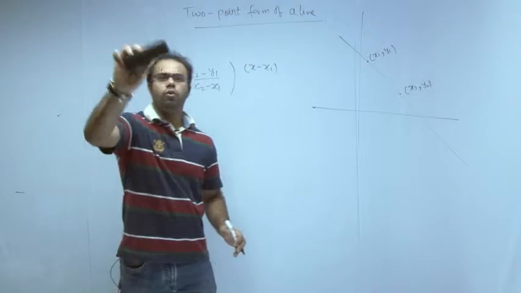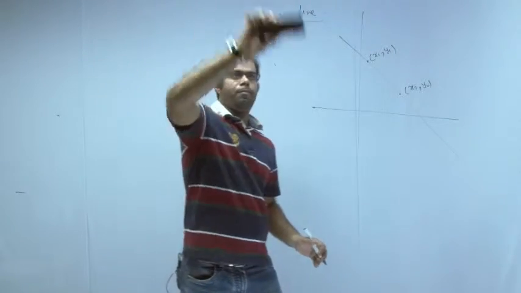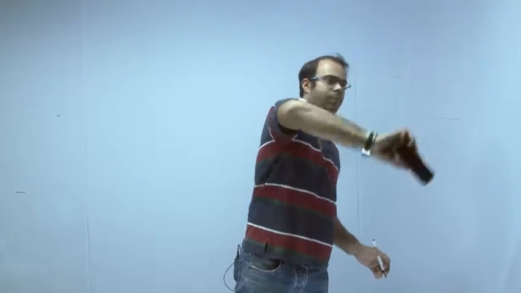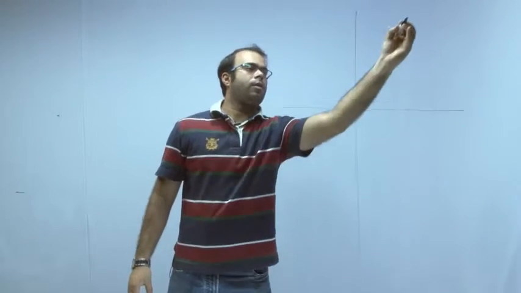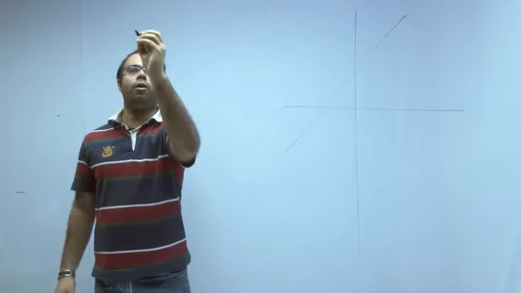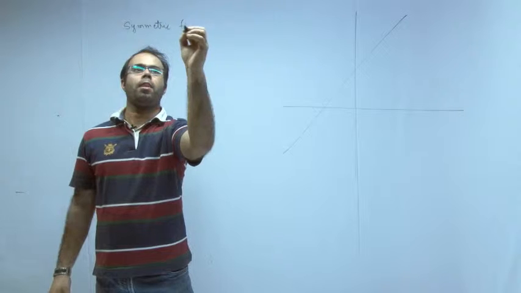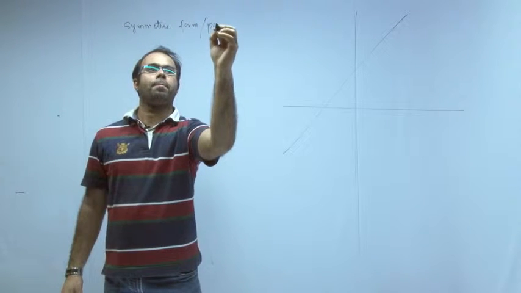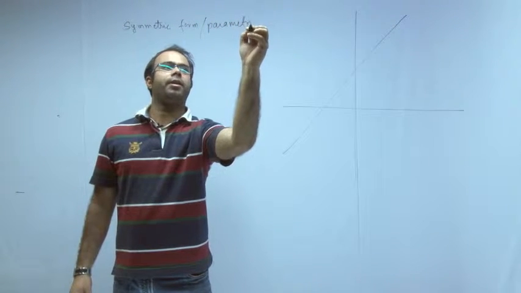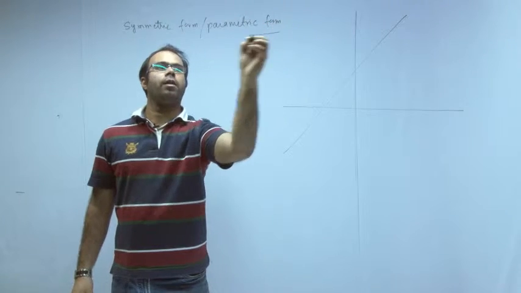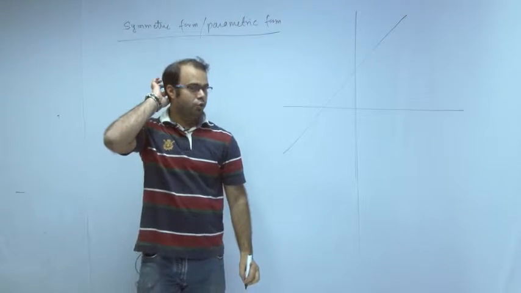Now we come to 5th form of the line, that is basically called symmetric form or parametric form of a line. Symmetric form or parametric form it is called because here parameter is used.